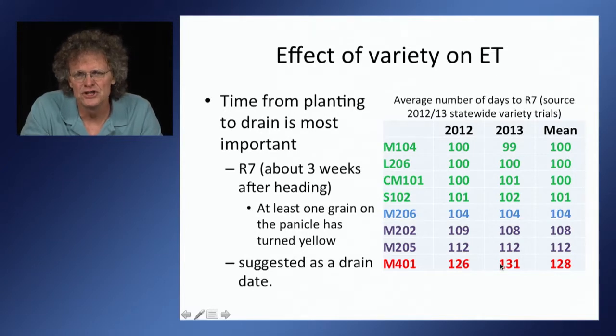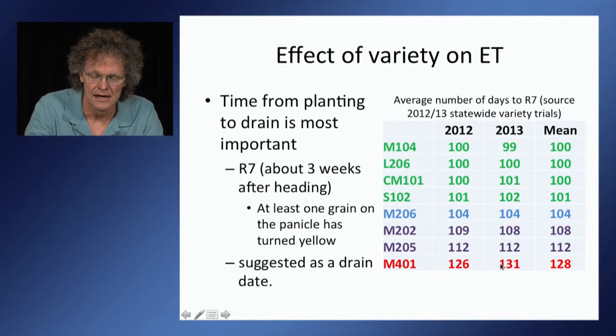So choosing a variety that's short requires less irrigation. We would certainly recommend that in a year where we're facing water restrictions, M401 would use more irrigation water, and we would suggest going to M206 or M104 for some of your common medium grain varieties to reduce water use.